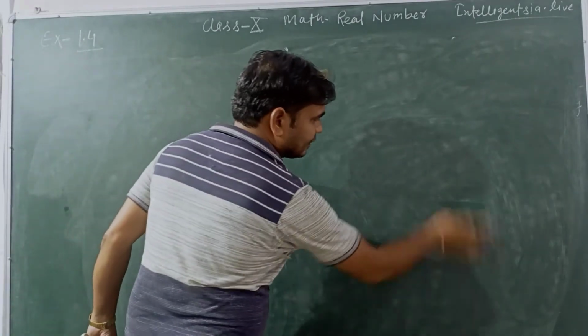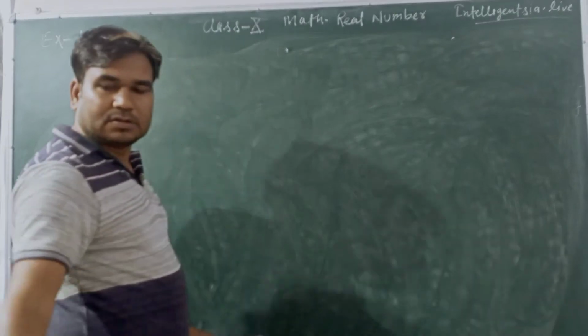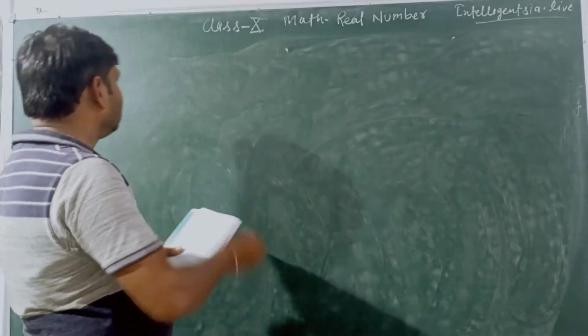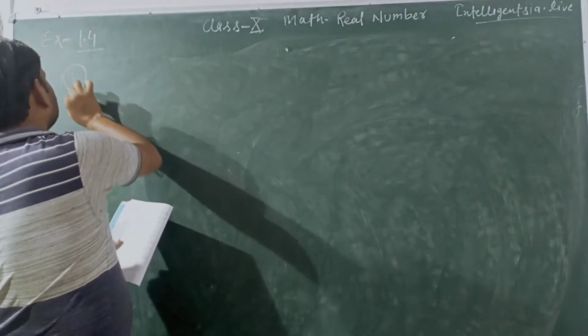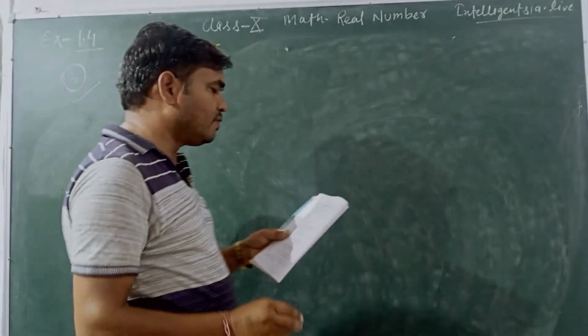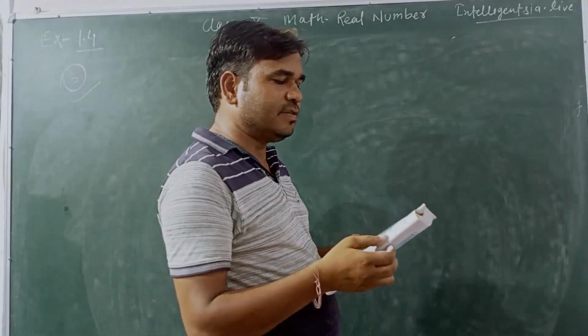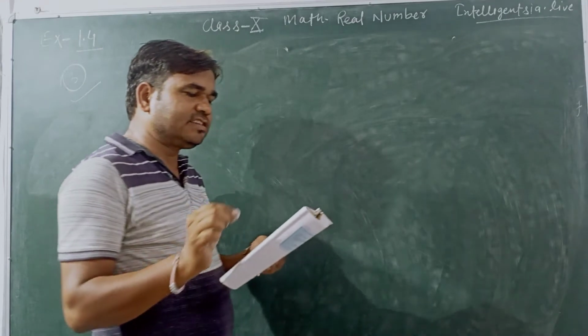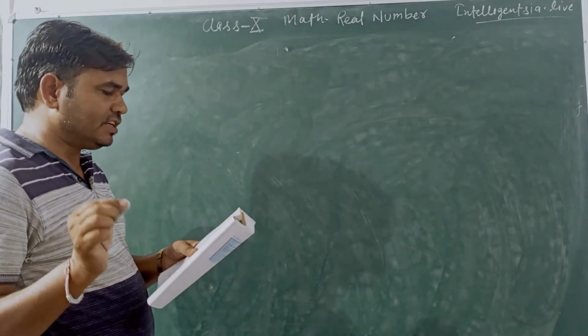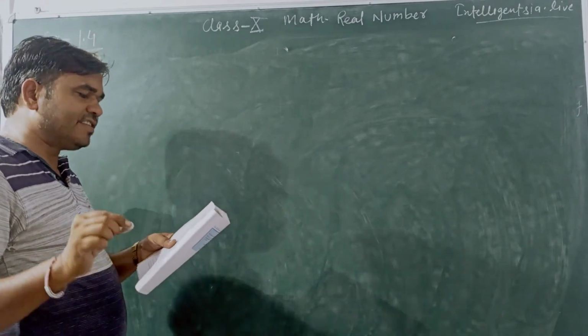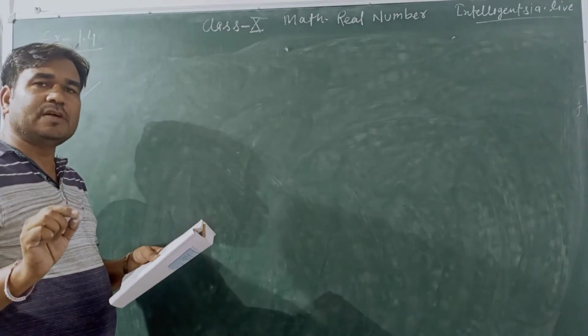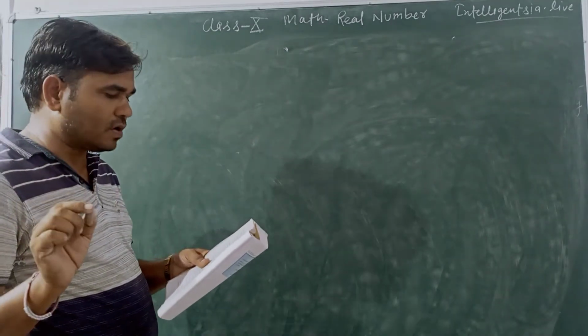So here students, you see question number 3. Question number 3 says: the following real numbers have decimal expansions as given below. In each, decide whether they are rational or not. First we have to decide whether they are rational or not.